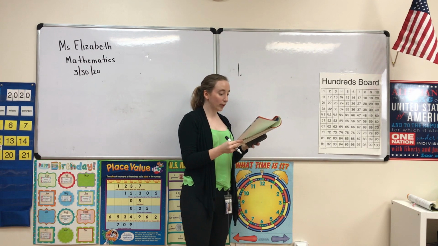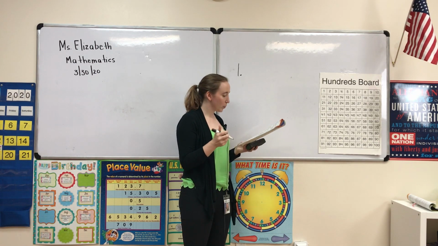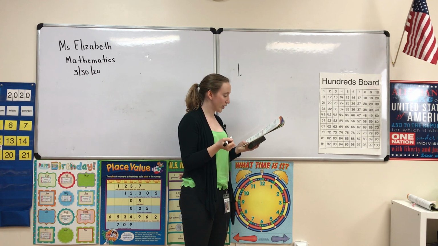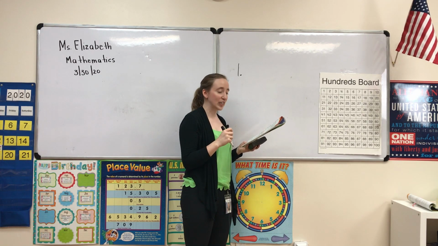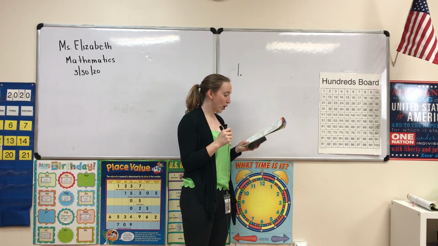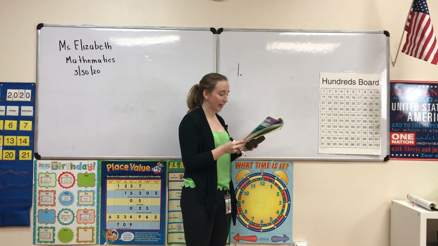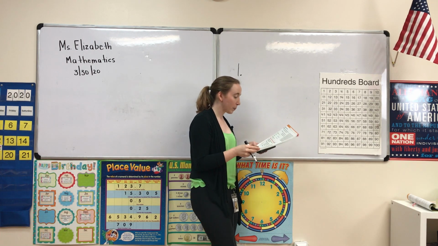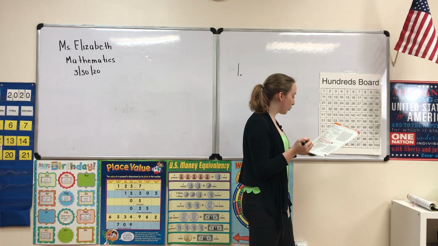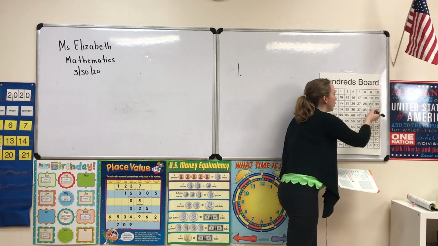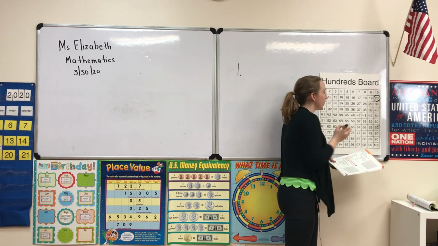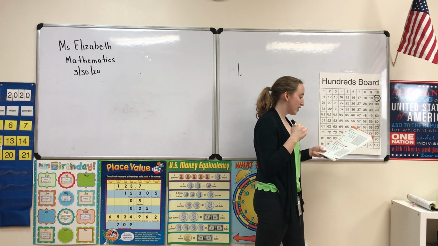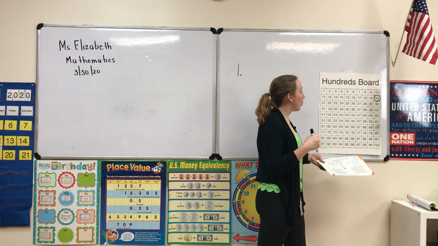All right, we're starting with number 1. There are 20 fish in a tank. 50 more fish are put in the tank. How many fish are in the tank now? So we're starting with 20, so you're going to circle 20. Then they add 50 more.